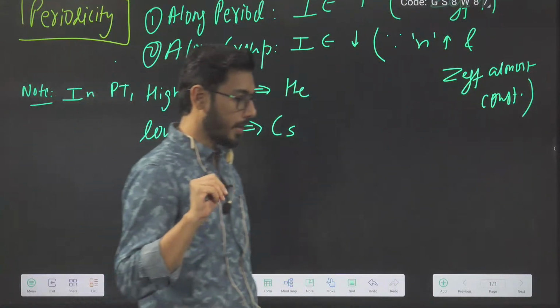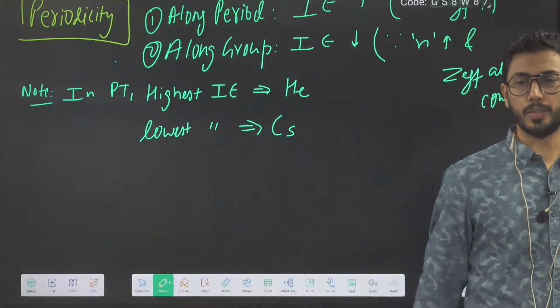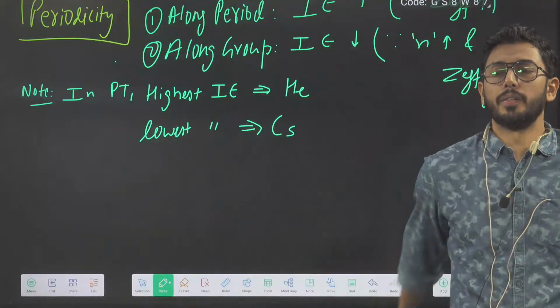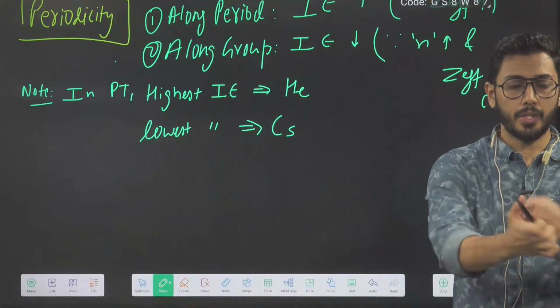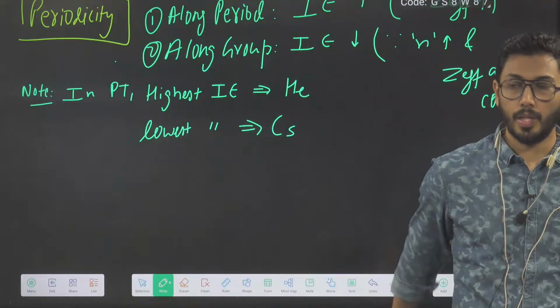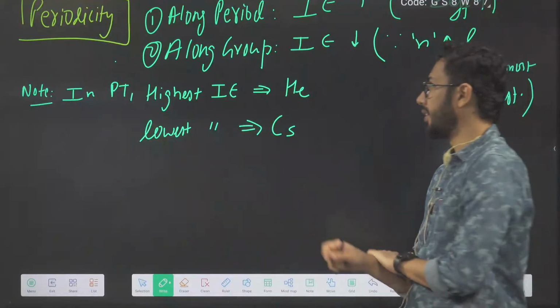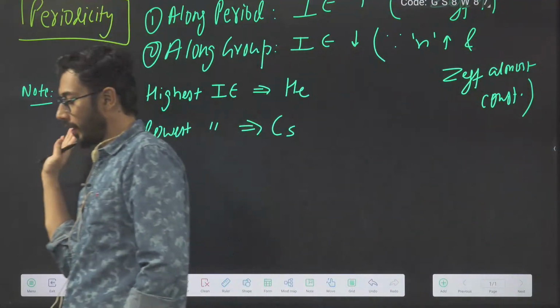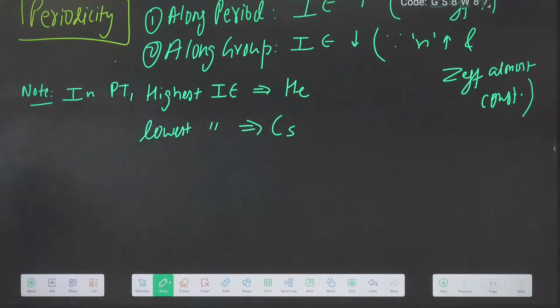Till this point clear, general trend written, periodic trend in ionization enthalpy. Any questions you want to ask up to the periodic trend of IE? Confirm?